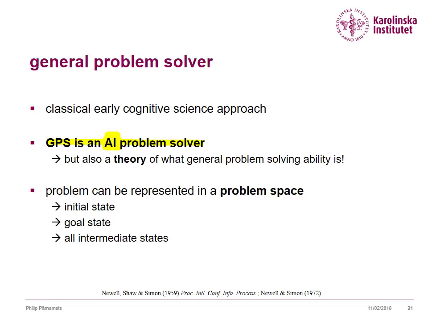So this was developed by Newell and Simon, and they proposed that this computer program that could solve very simple problems was also a model of how the human mind solves problems.